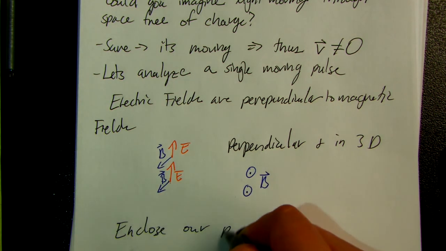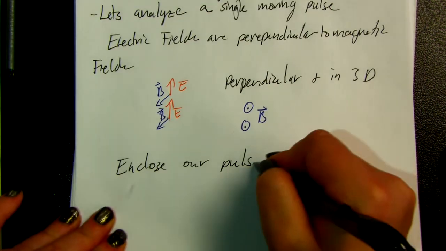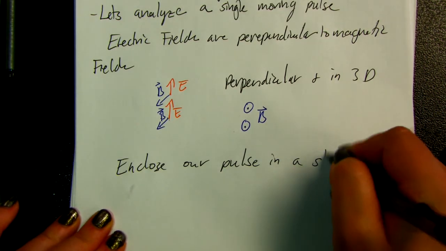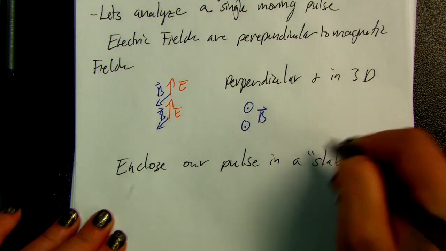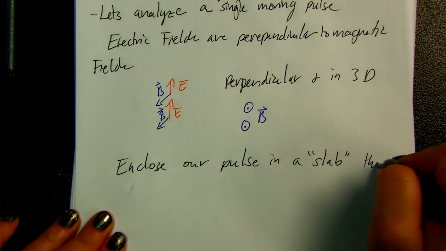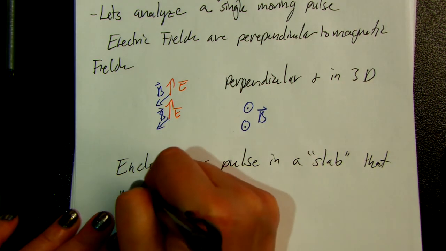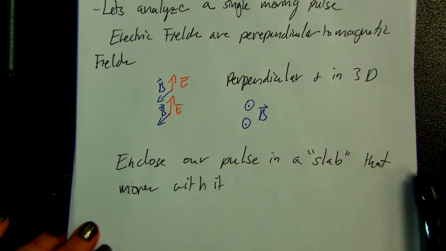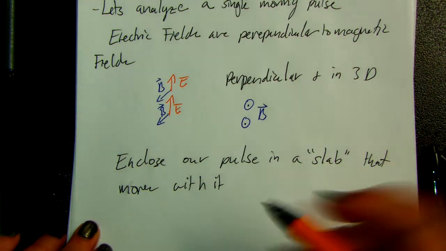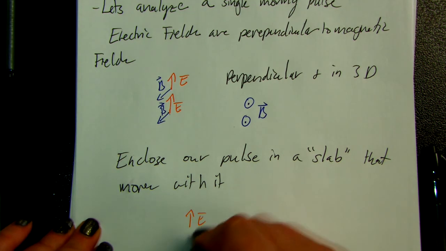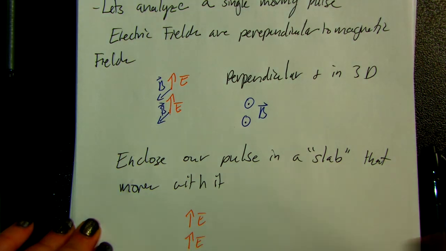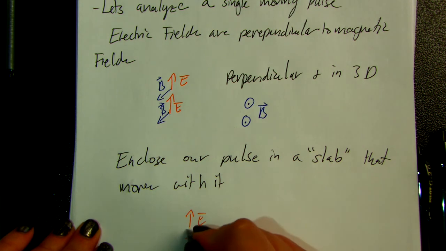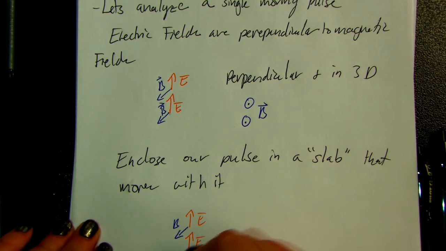Okay, so we can enclose our pulse in a slab that moves with it. So let's see, I'll just redraw. And then eventually I'm going to stop labeling.